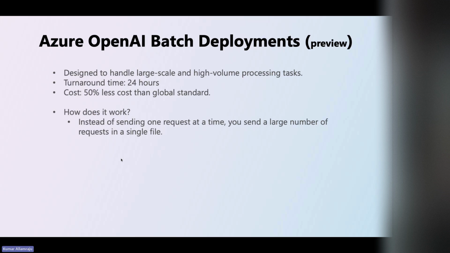Again, this is a preview feature. I don't have the GA date yet, but this is something that you can go and play with in the Azure OpenAI Studio, or you can play with it in your code. You can start submitting the batch deployments through your Python code, or if you want to try it out, you can just do it in the Azure OpenAI Studio also. So how does it work?